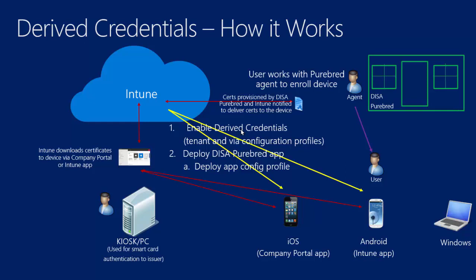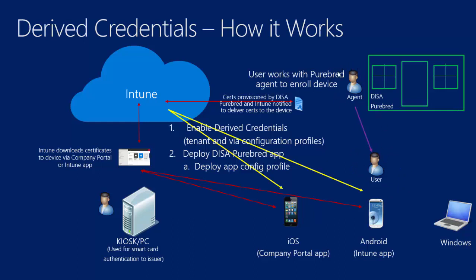And that's where we start talking about the user persona and the Purebred agent persona, right? There are certain things that you will need to do as a user on the device. The user on the device has to step through enrollment processes to get their device enrolled in Derived Credentials, right? Normally in production, this is the only part you would care about.